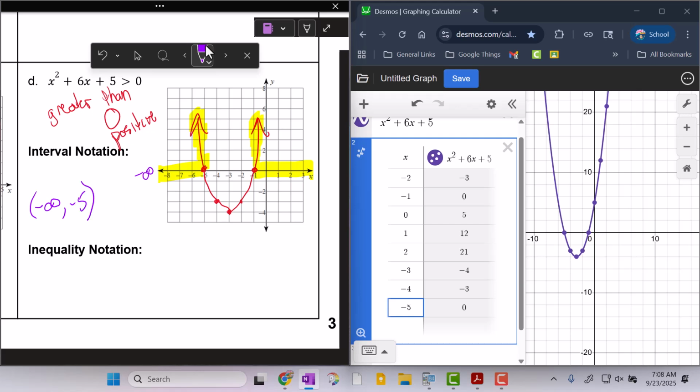Not including -5, because it's just greater than, union, and it starts up again at -1, and it goes to positive infinity. Our inequality notation would be x is less than -5, or x is greater than -1. And that's how we do stuff with our graphs to solve equations and inequalities.